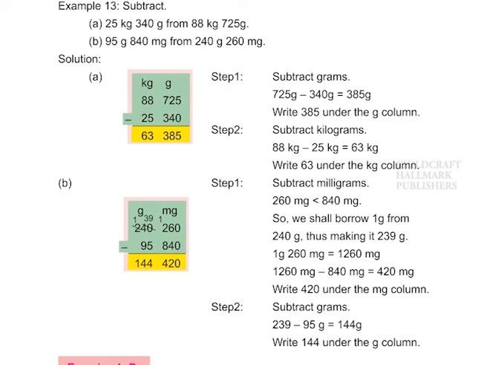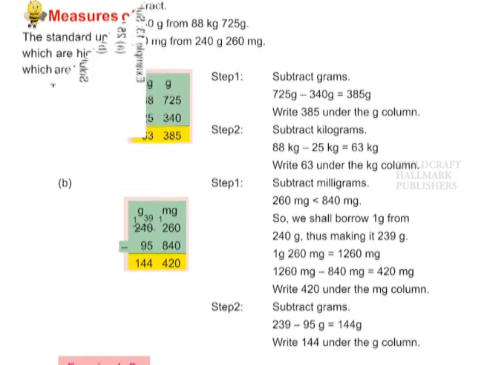Write 420 under the milligram column. Step 2. Subtract grams. 239 minus 95 grams is equal to 144 grams. Write 144 under the gram column.